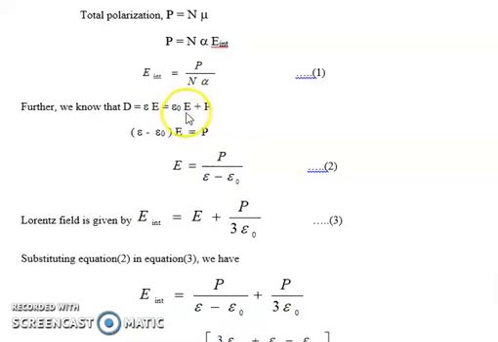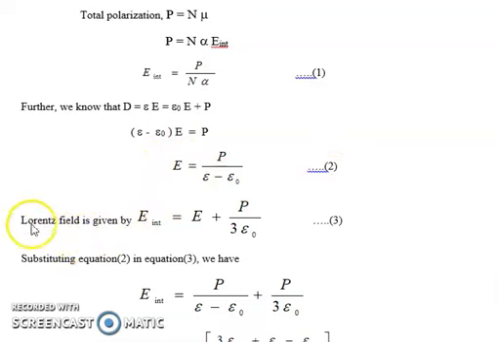I'll bring this epsilon naught E to this side, so I will have epsilon E minus epsilon naught E is equal to P. Since E is common, I will write epsilon minus epsilon naught of E is equal to P. From here, E is nothing but P by epsilon minus epsilon naught. Let us call the E int equation as equation number 1, and this equation for E as equation number 2.